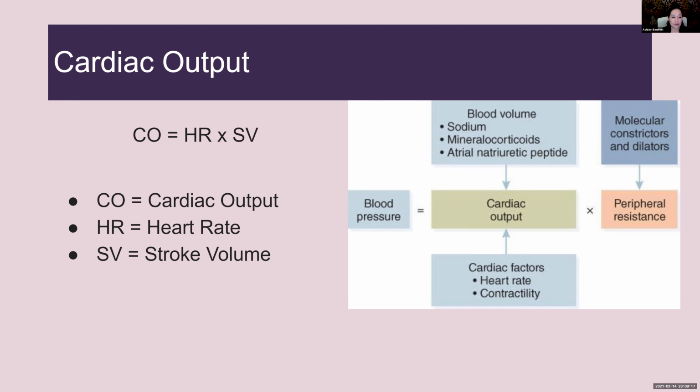If someone got scared and their heart rate increased by 10 beats, what is going to happen to their blood pressure? Well, we can plug it into the equation. If we do our algebra, an increase of heart rate increases the cardiac output, and that increases the blood pressure. Simple as that.